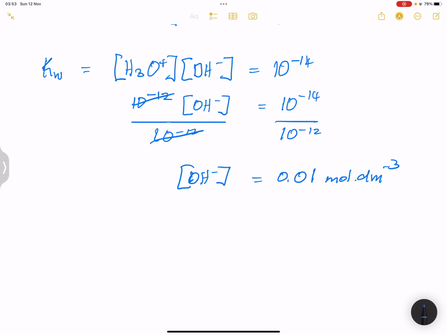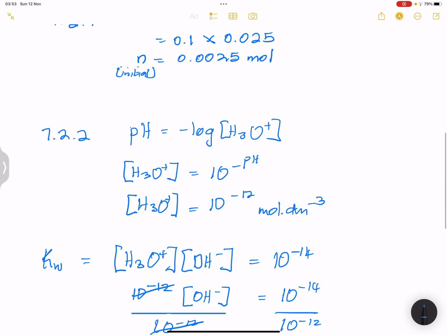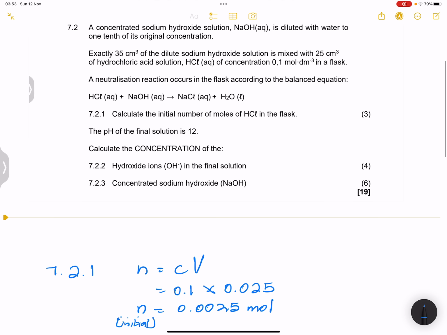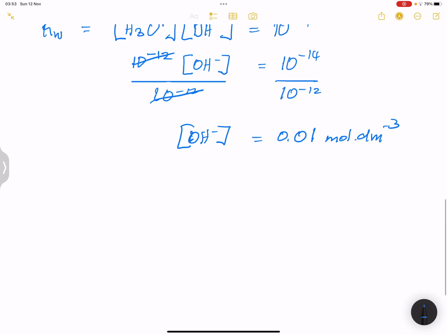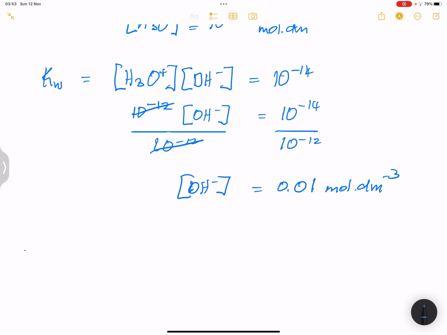But let's do that. Firstly, we are aware that we've got the concentration of the final solution, right? So for 7.2.3, let's find out the number of moles in excess. The number of moles in excess would be concentration times volume, right?